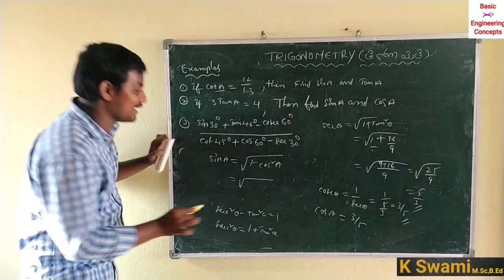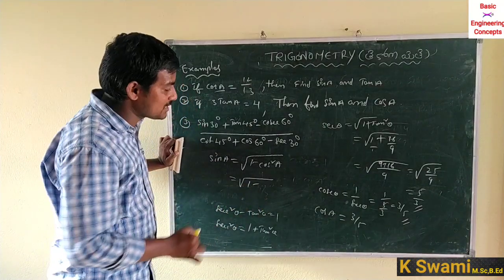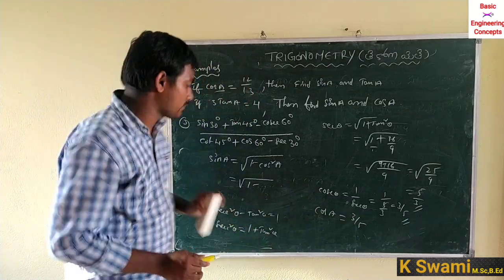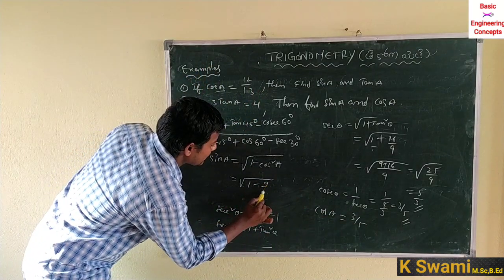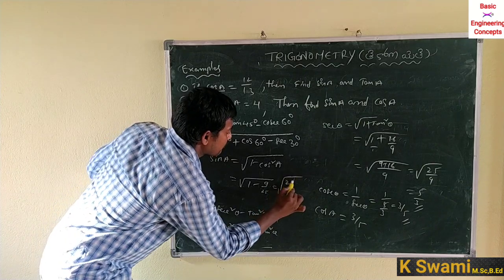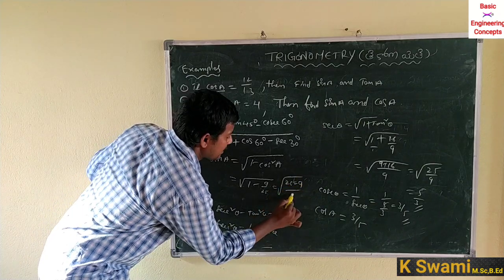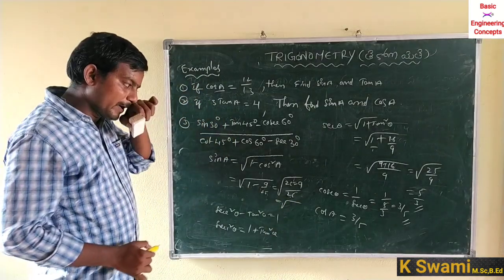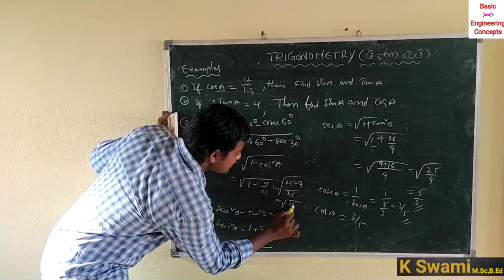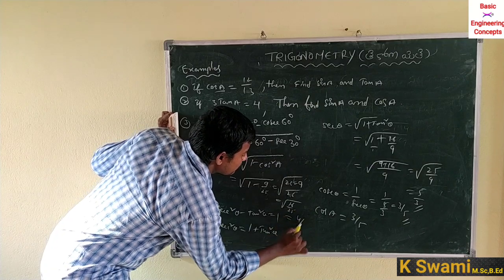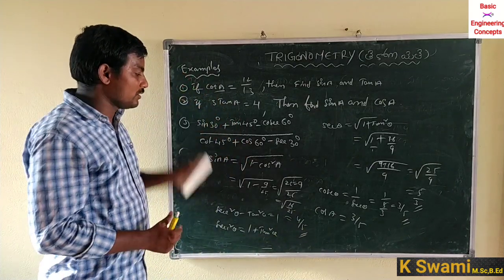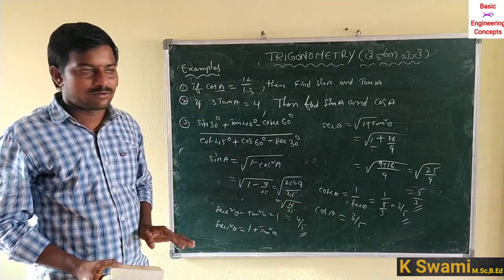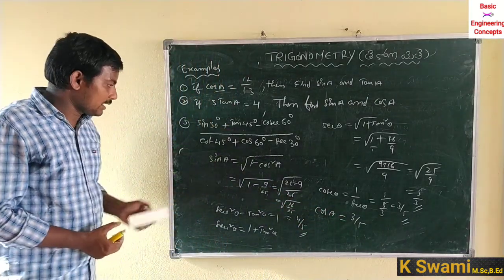Cos square A means 3 by 5 whole square, which is 9 by 25. So square root of (25 minus 9) by 25 is square root of 16 by 25, which is equal to 4 by 5. The values are sin A is equal to 4 by 5 and cos A is equal to 3 by 5. Okay, it's clear.